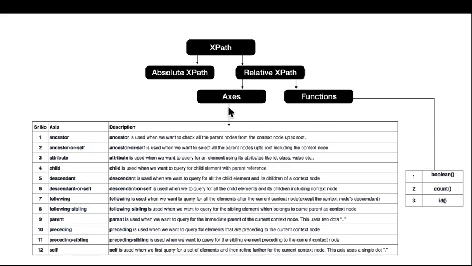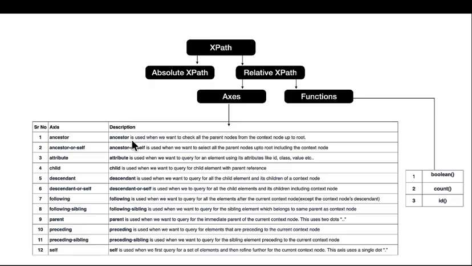Under axes we have 12 different axes, and we have three functions actually: boolean, count and id. Today we are going to see ancestor and ancestor-or-self, because many people struggle with the difference between ancestor and how to use ancestor-or-self.